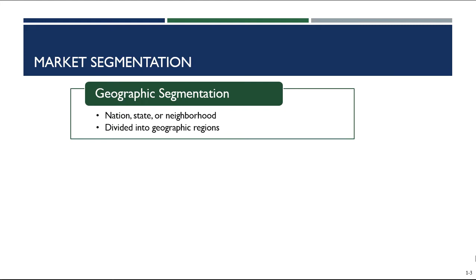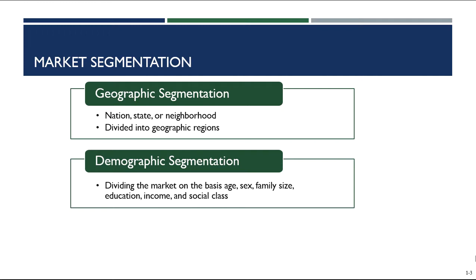We can divide the area into multiple geographic regions. An example of retailers that market geographically: Giant Eagle is a grocery chain that is only located in the Northeast. Winn-Dixie is a grocery chain that is only located in the Southeast. So you can just segment by geography.